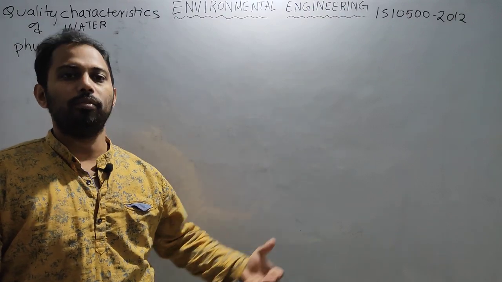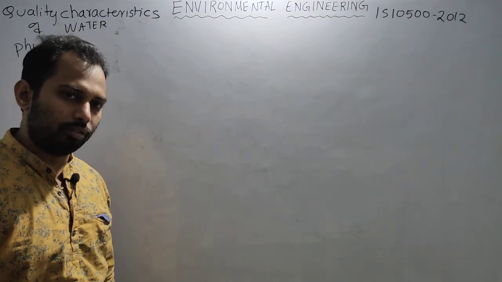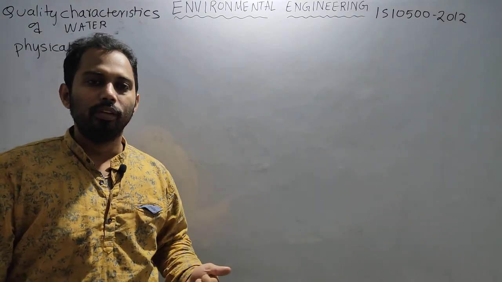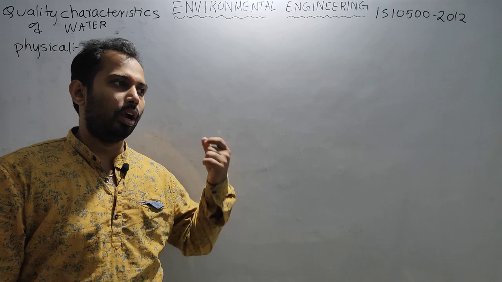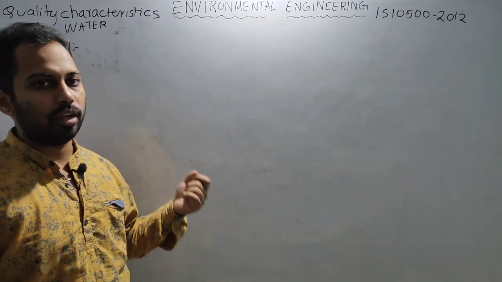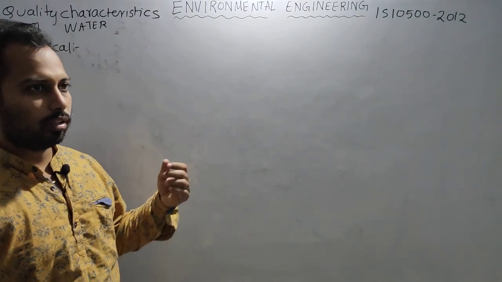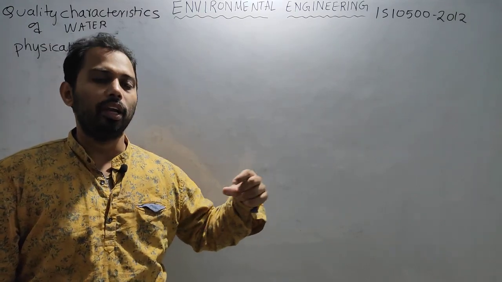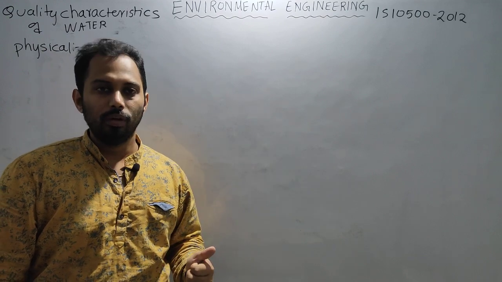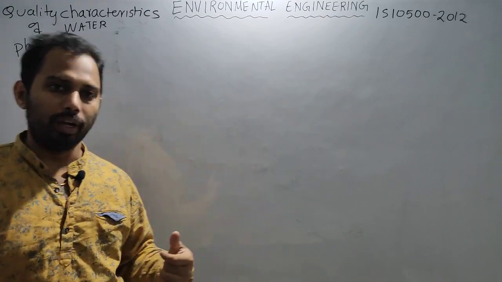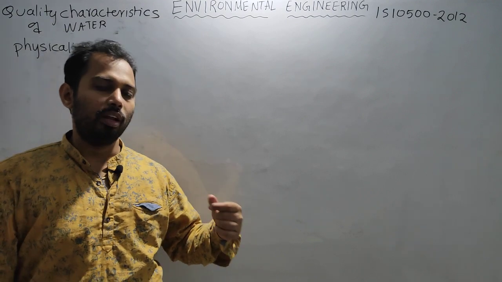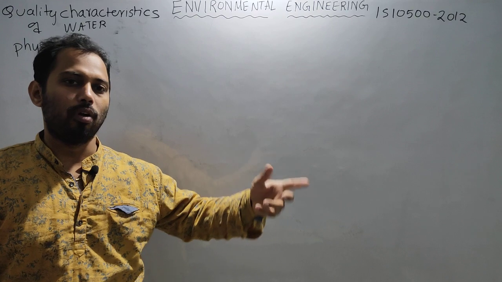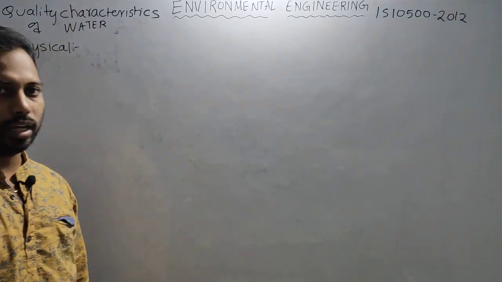In the northern region, more mica is present, because of which the natural sand color is a little whitish. Whereas in South India, there is a lot of laterite and basalt kinds of rocks, so iron is more, and you find the sediment in the form of a brown color. Depending upon what kind of sediment it is carrying, the color of the water will change. So that is apparent color.